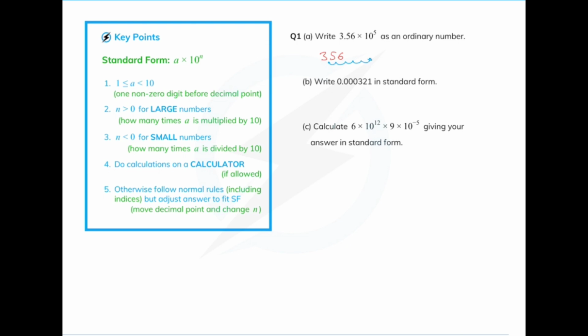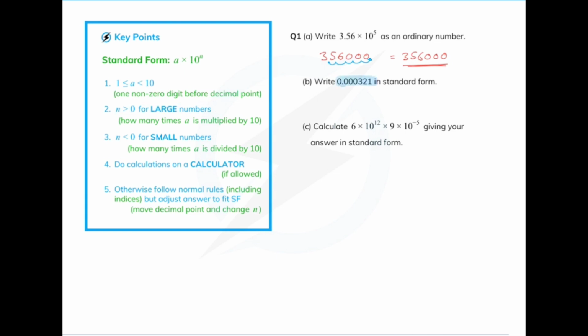Now there are some spaces there which we need to fill with zeros because we're multiplying by 10. So there we go, we've filled all the spaces with zeros, and so our answer is, just to make it absolutely clear without the arrows, 356,000, which I think you'll agree is a large number since n is greater than 0.